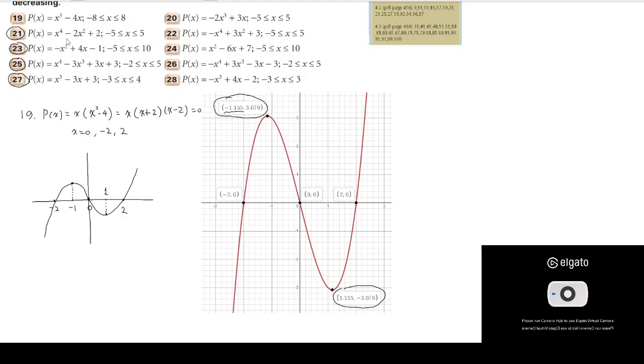Just use Desmos or a graphing calculator to do this if you're not quite sure how to graph this at this point. We'll learn a lot more about how to graph these polynomials.